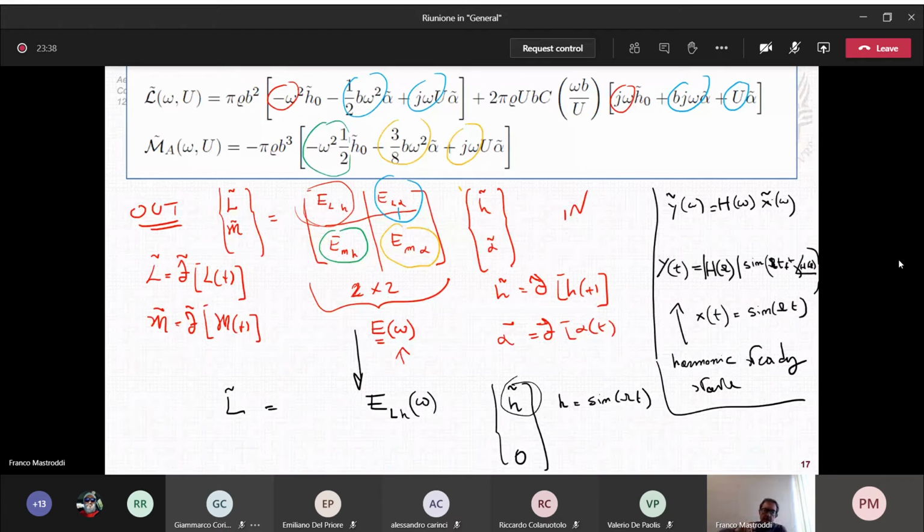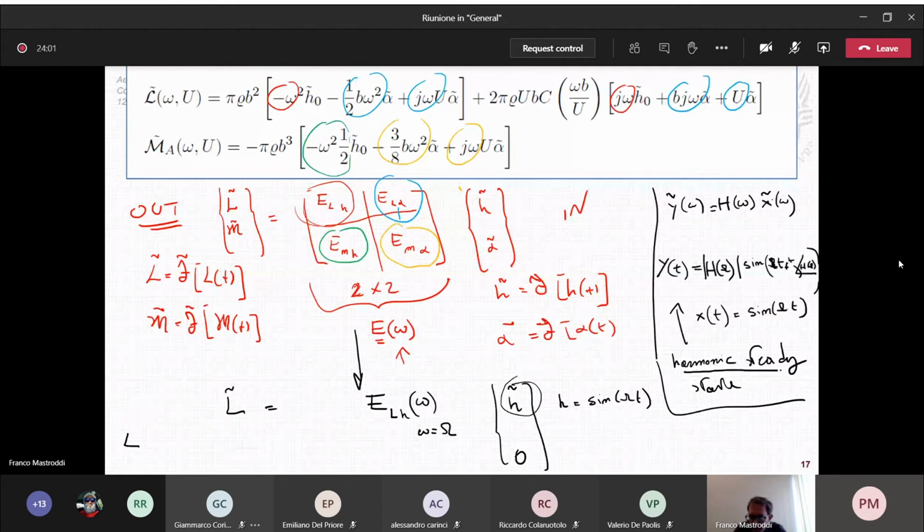So when you evaluate this complex quantity for omega equal to capital omega, you have a complex number, and this complex number represents, in this case, the lift in steady harmonic motion.